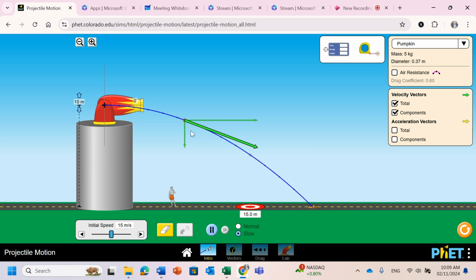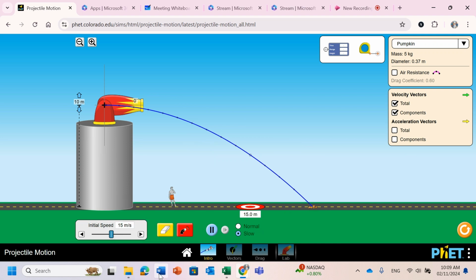And the length of the arrow in the vertical direction keeps increasing. So horizontal velocity is constant, and vertical velocity in the y direction starts with 0 initial velocity and then increases until it reaches maximum just before it lands.